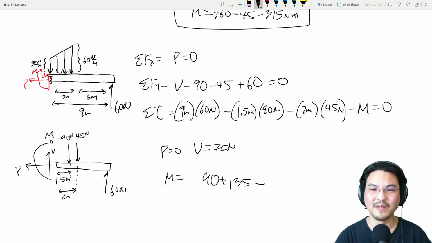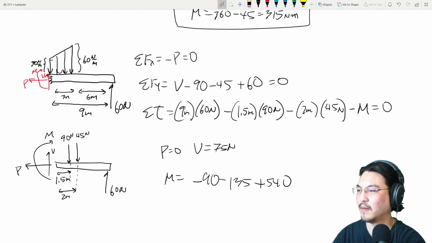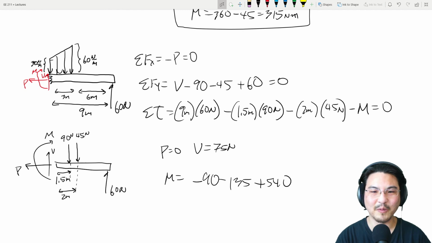Oh no, I got the minus. This goes on that side. So minus 90 minus 135 plus 540. Okay, so I'm going to use the calculator. Okay, so calculator, that's 315.